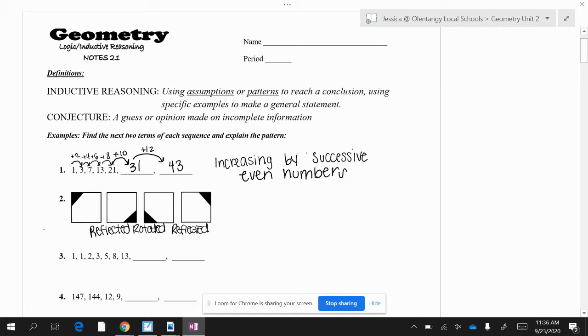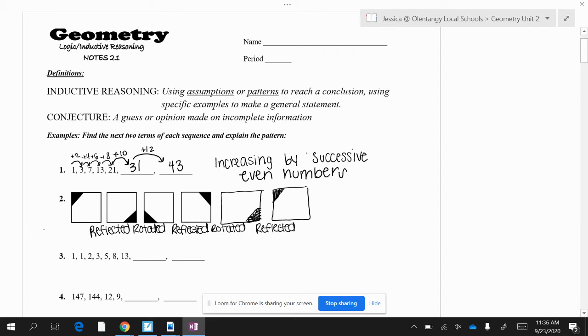So then the next one would be rotated. So my next one here, triangle would be down here in the corner. And then for my next one after that, so this one was rotated. This one would be reflected. It would be up here in the corner.